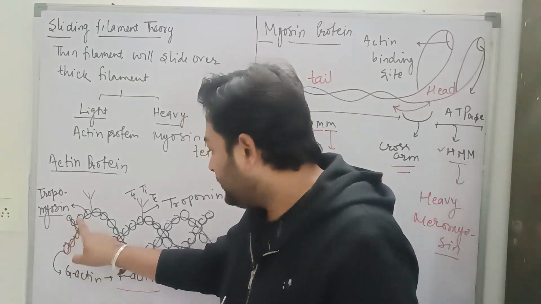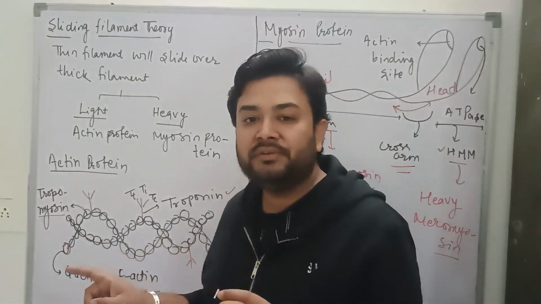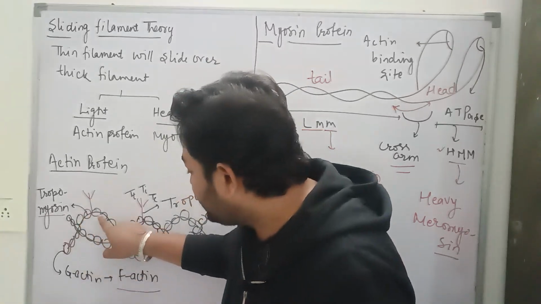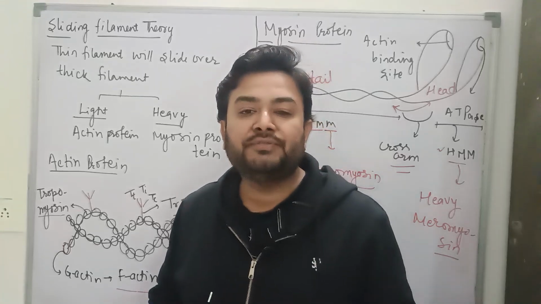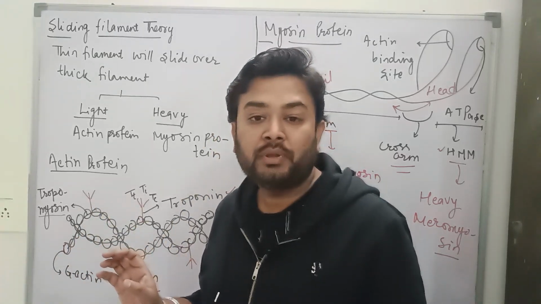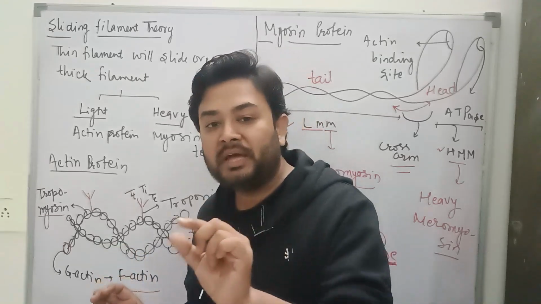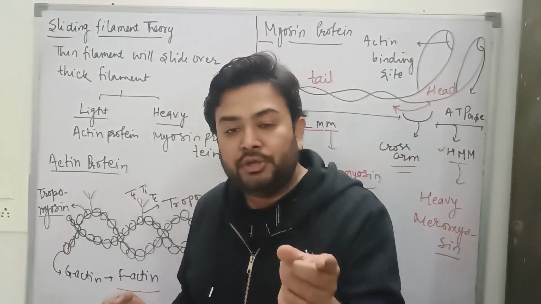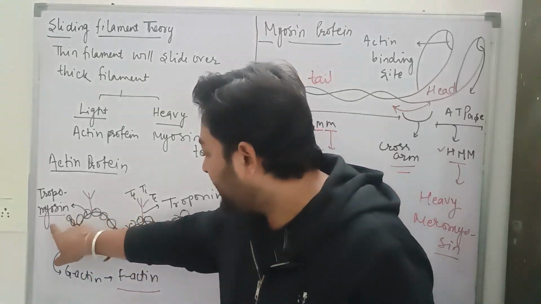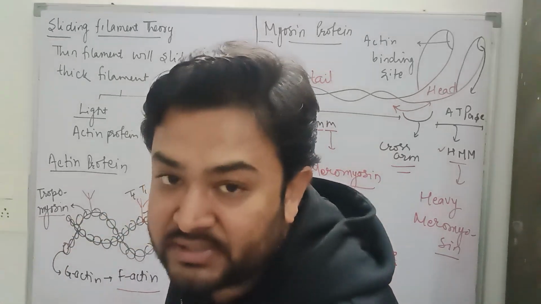Now that continuous chain of G actin forms F actin, and the thread-like structure over F actin is known as tropomyosin.